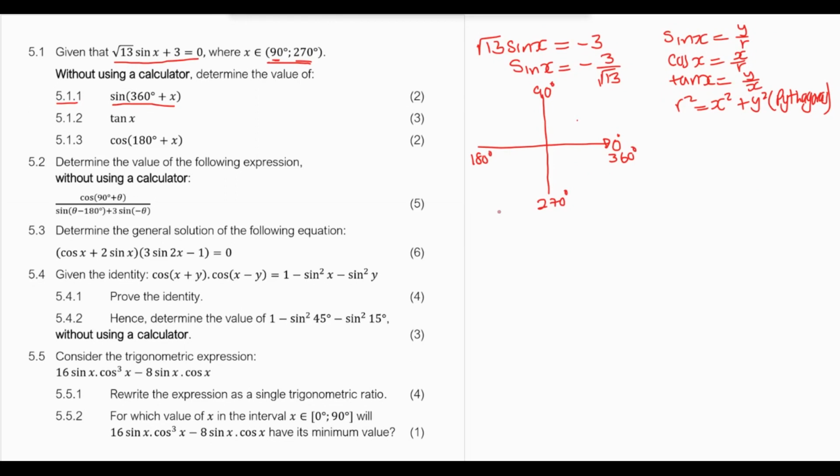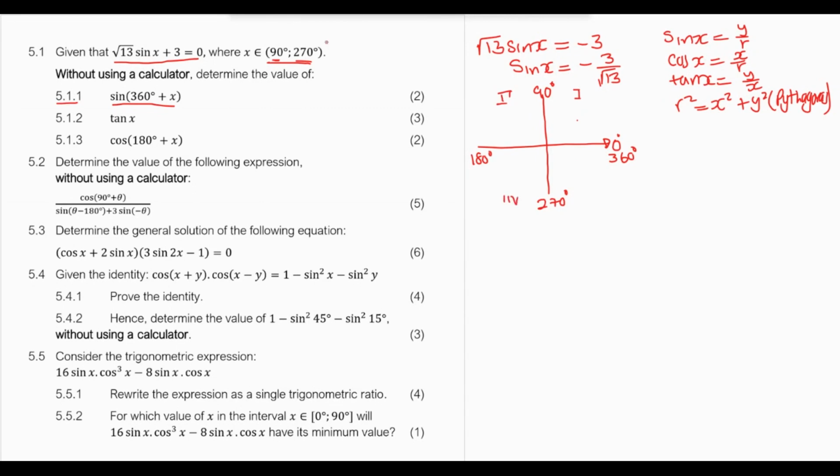Okay, so now we're saying the angle should be between 90 degrees and 270 degrees. So it can be quadrant 2 or quadrant 3. Right, quadrant 2 or quadrant 3.